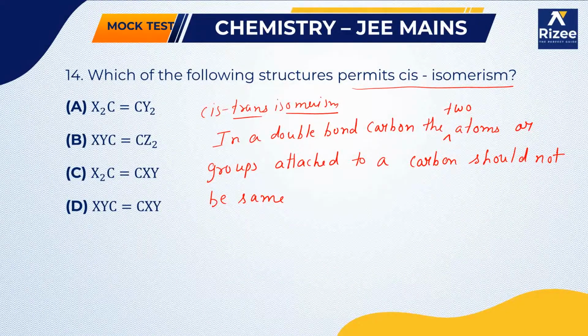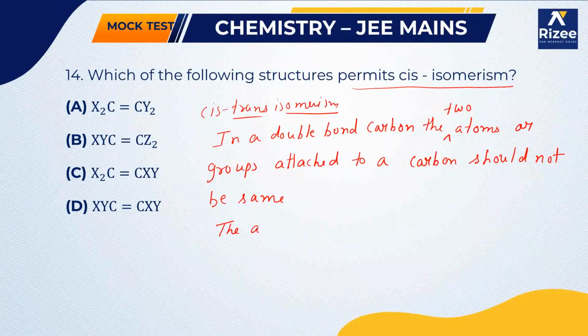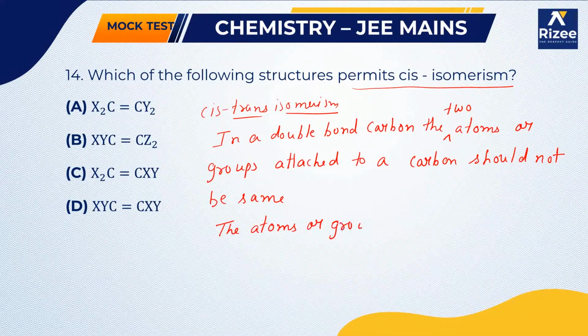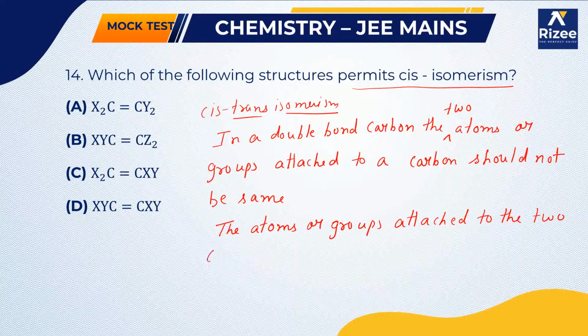Otherwise we can say that for cis trans isomerism to take place, the two groups or atoms attached to the two different carbons can be same. So here you understand that.